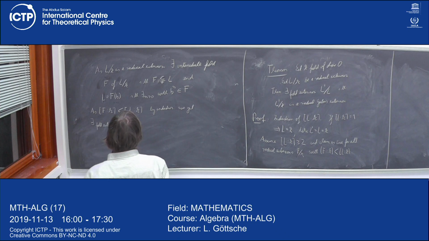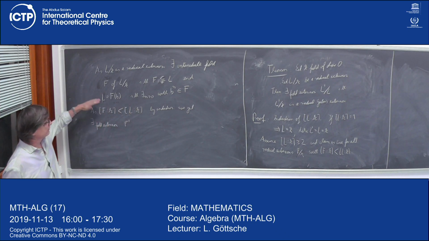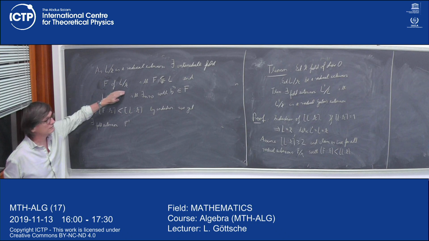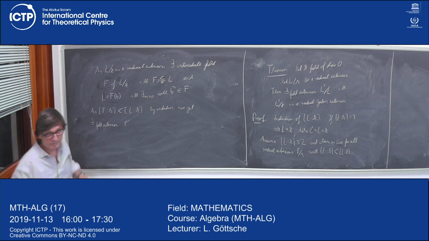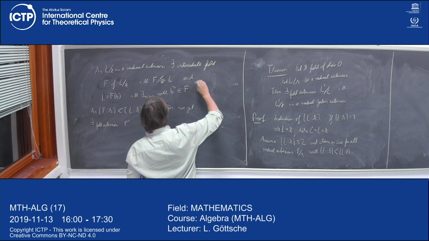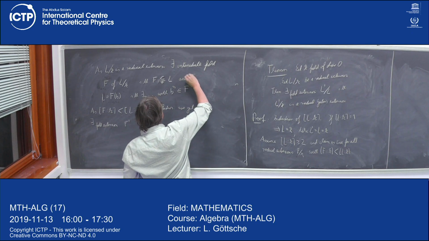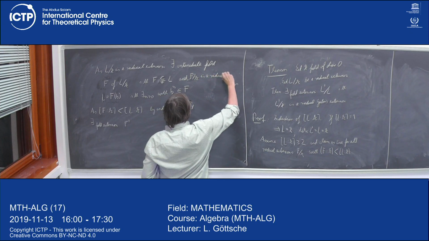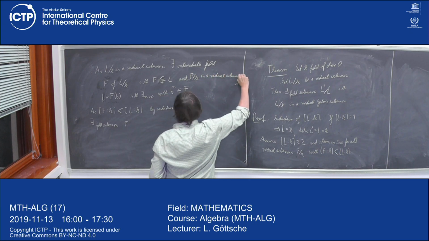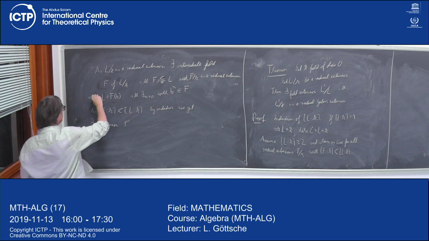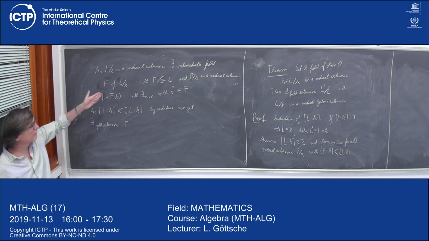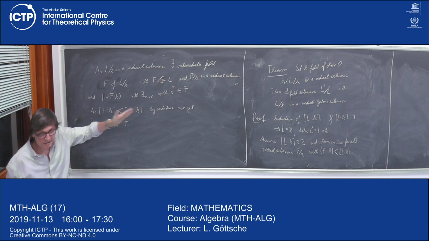I should maybe have said, just to be clear, the assumption is that we have this whole chain. This f is the previous step in the chain, so it means that f over k is also a radical extension. The idea is that we have this whole chain which stopped one step before reaching L, and each intermediate step is a radical extension.